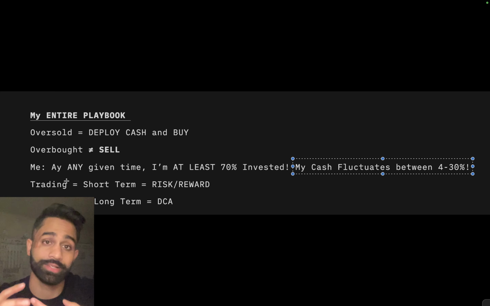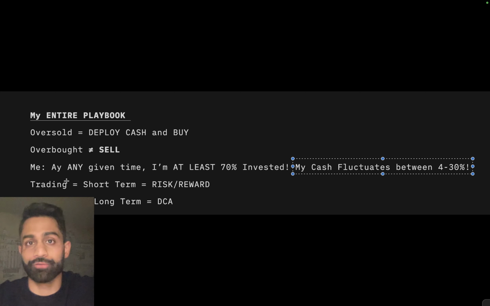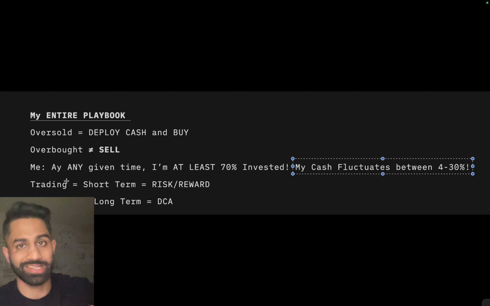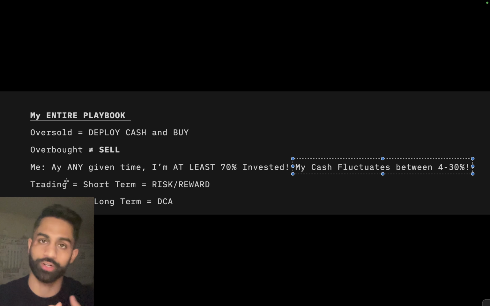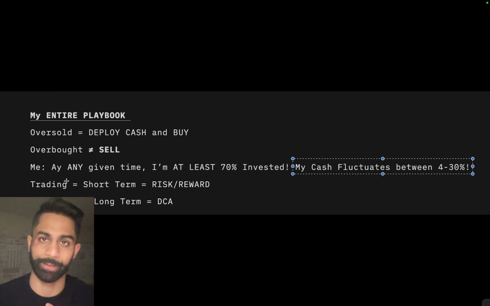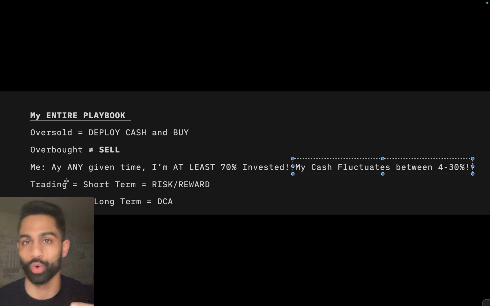Anything less than 1 year is trading, okay? It's short term. So the way I've structured it is I'm mostly invested long term. I would say 60 to 70% I'm invested long term, and the rest is focused on short-term trading, which is swing trading, day trading, even scalping sometimes, and then options trading, okay? That's where I'm focused, and that's where the analysis for risk and reward comes in.